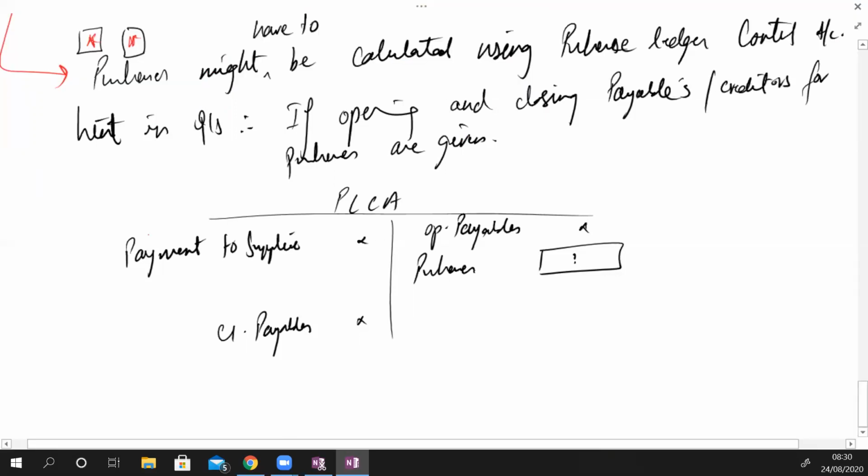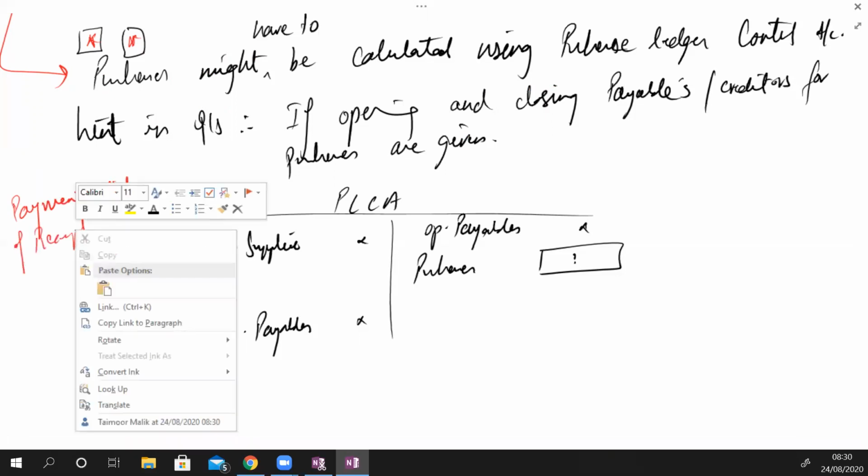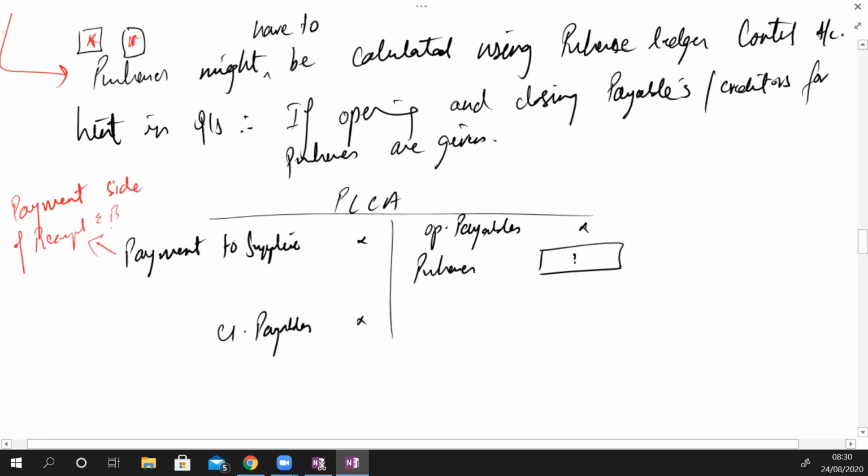Now, this payment to supplier will be given on the payment side of receipt and payment account. Okay. This will be given, opening and closing payables will be given. Purchase is the amount that you have to calculate.